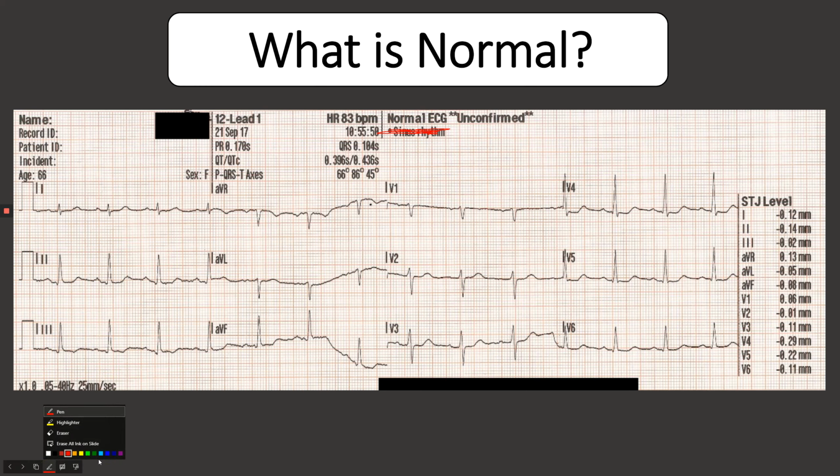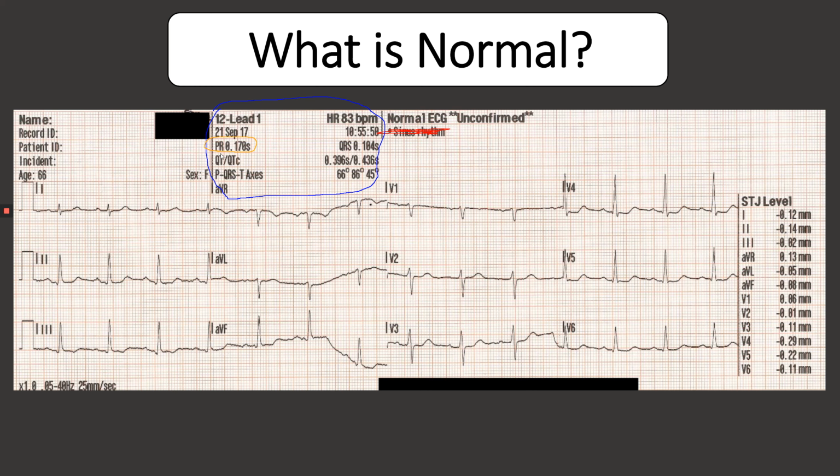The next place I want to bring your attention to is in the middle, right along here. This area is going to have some numbers that you should be familiar with. First one is right here.